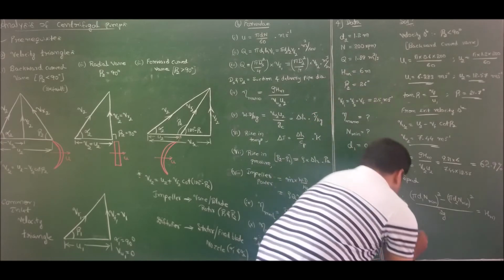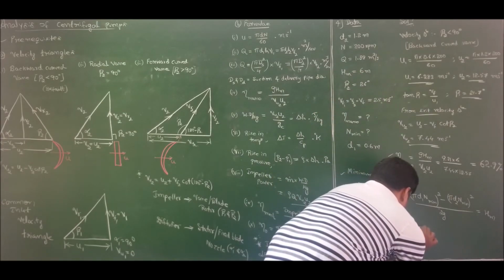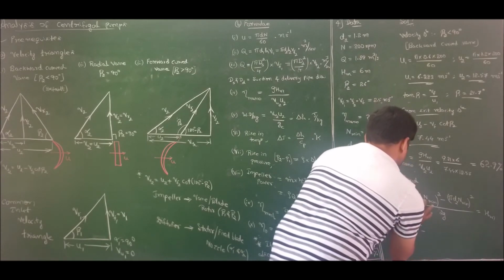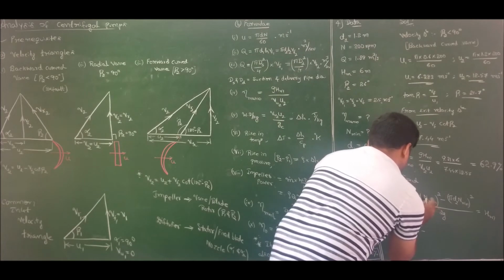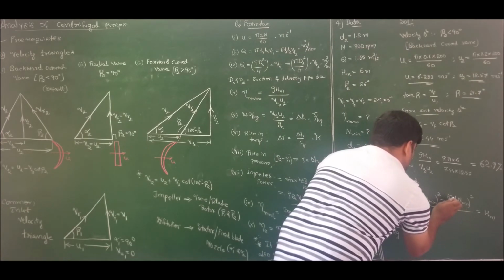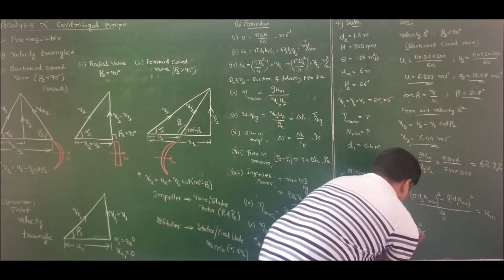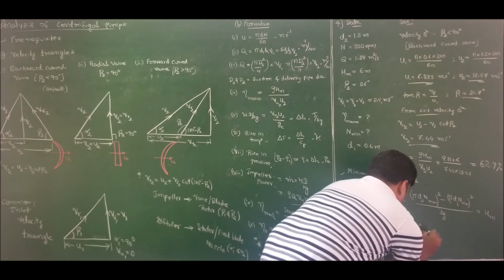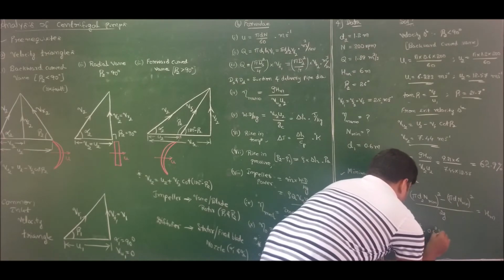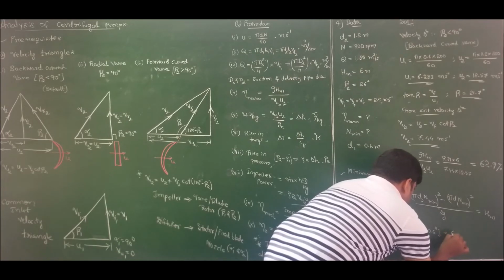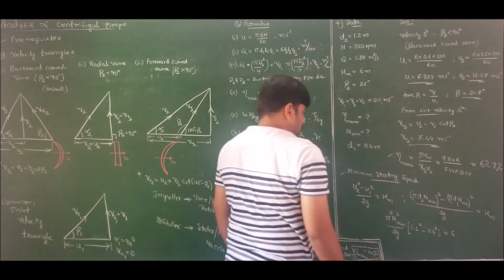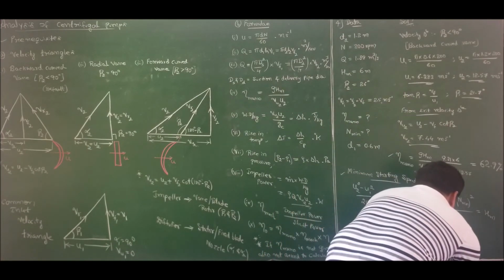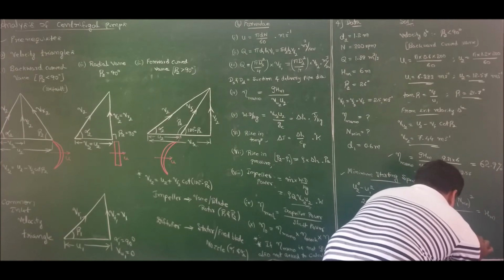Sorry, it is U2 minus U1, so this is D2 minus D1. D2 for us is 1.2 minus D1 0.6, equal to Hm, which is 6 meters.